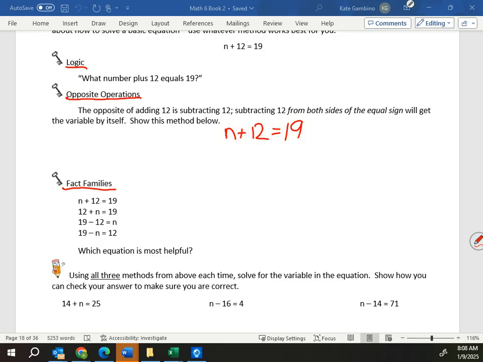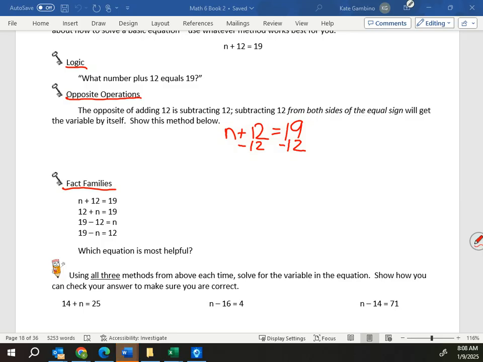I want to get that variable, the n, all by itself, and I want to know what n equals. So in order to get n all alone, I do opposite operations to go to the opposite side of the equal sign. So what's opposite of adding, Adeline? Subtracting. So if I'm adding 12 on this side, I'm going to subtract 12 from both sides.